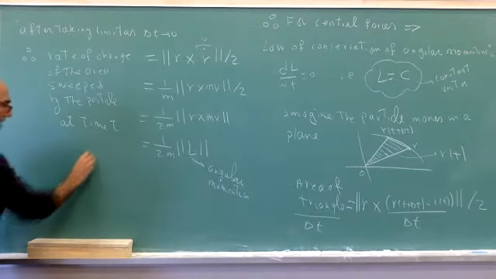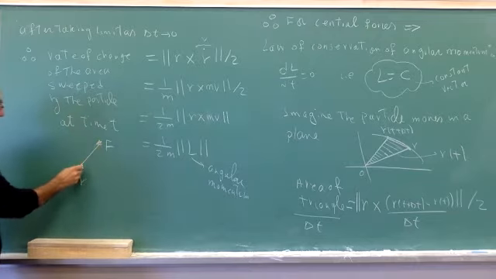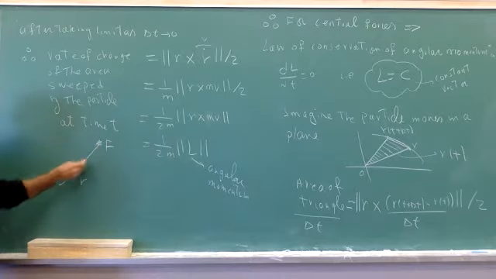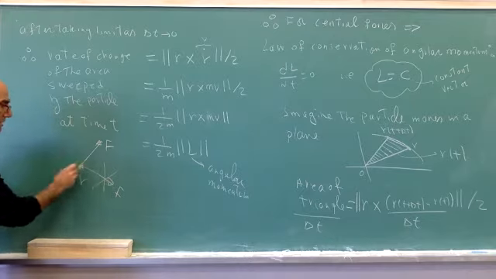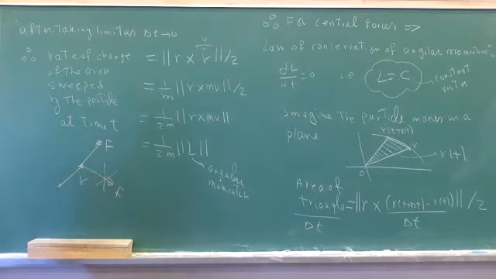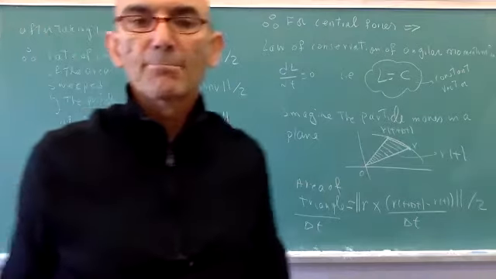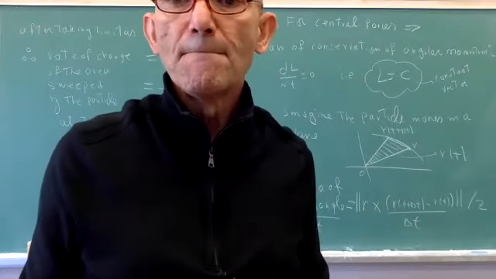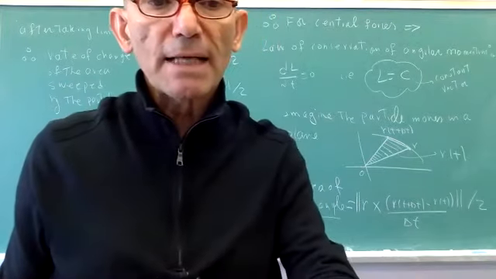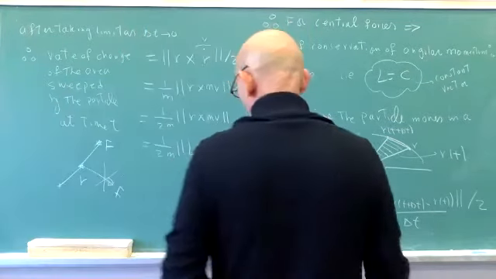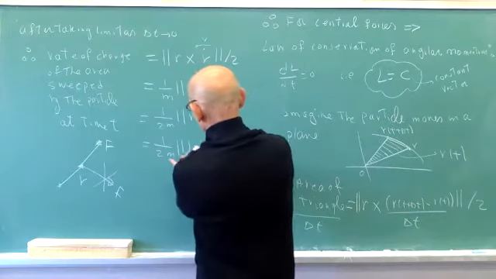This is R, this is F, so this is a central force. The magnitude could be anything, but it should be along R at time t. If it is like this, it is not a central force. This is a central force. Got it?